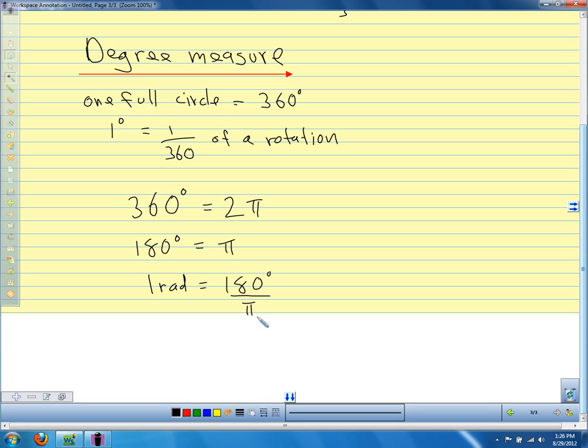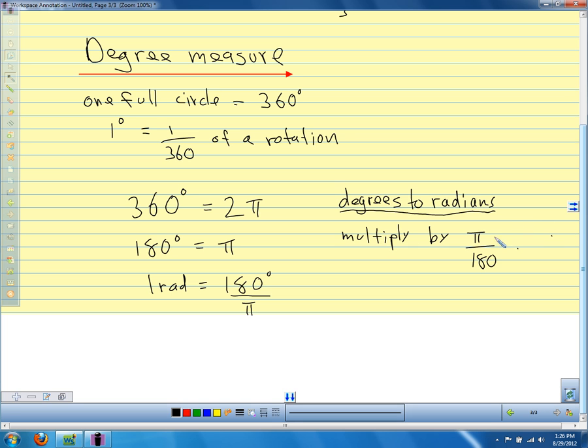So this tells us how we can convert from radians to degrees and from degrees to radians. To convert degrees to radians, we're going to multiply by pi over 180. And this will give us our radians.